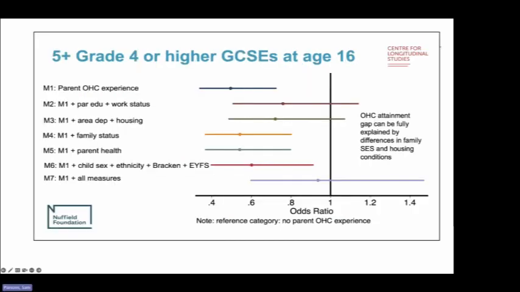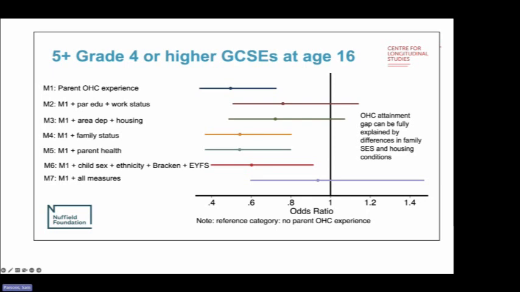So this chart shows the odds ratios for children of a parent with care experience gaining 5 or more grade 4 to 9 GCSEs compared to children with no parent out-of-home care experience. And these are the results from a series of regression models. The relationship is significant if the odds do not cross the vertical 1 line.